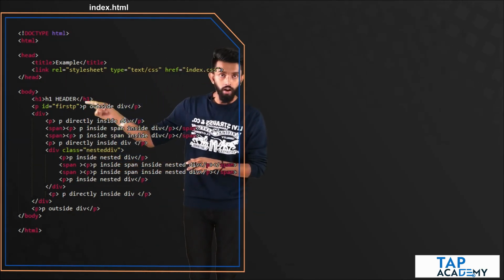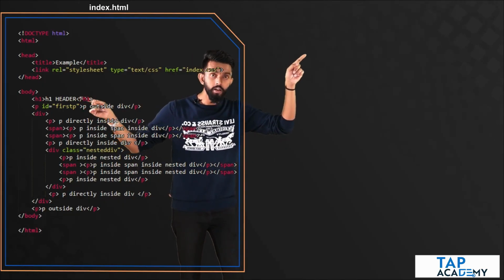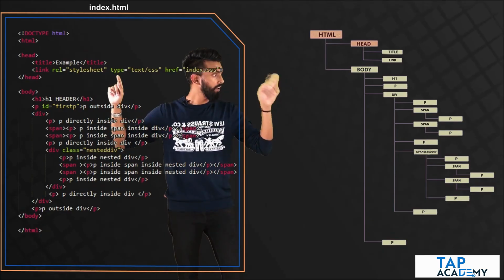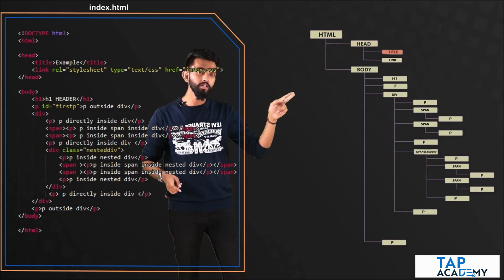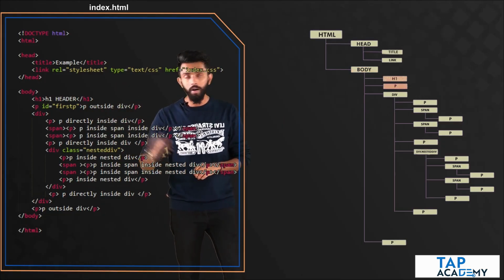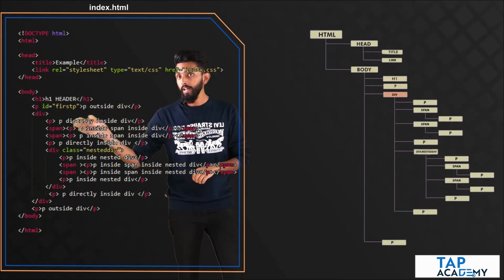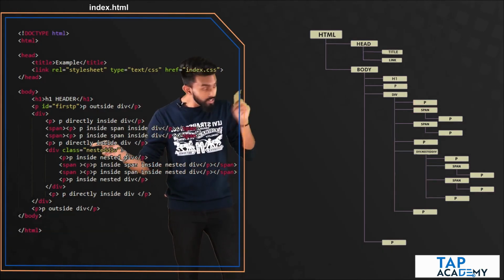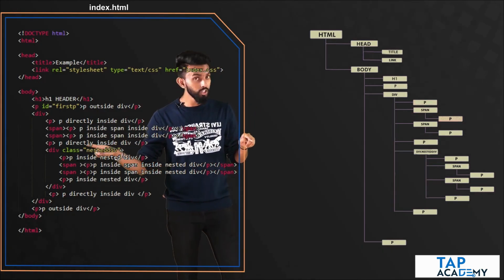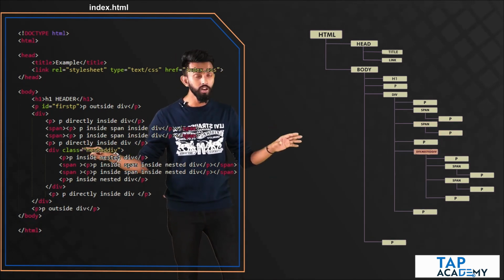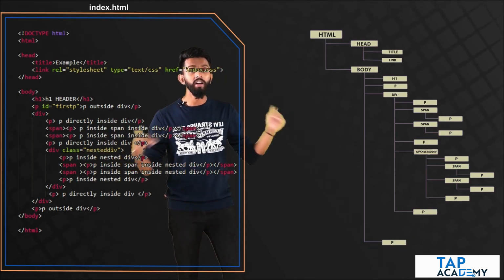Now, if I have to represent this as an HTML tree, this is how the tree looks. HTML, inside that head, inside head title as well as style. After that body, inside body there is h1, followed by p, followed by div, inside div a p. After that inside div a span, inside span a p, another span, inside that another p, followed by another division, inside that division another p.